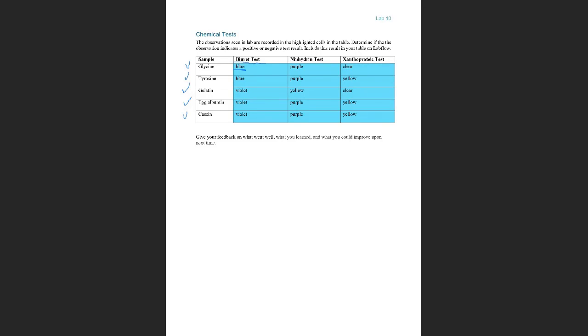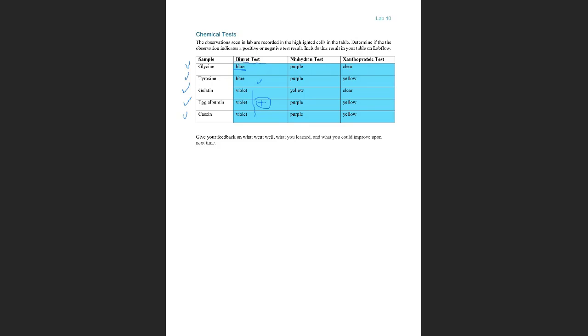It's a negative test because we know that single amino acids or dipeptides have no reaction. Same thing with the next one. And then when you see violet, it's a positive reaction. The change from blue to violet indicates a positive reaction.